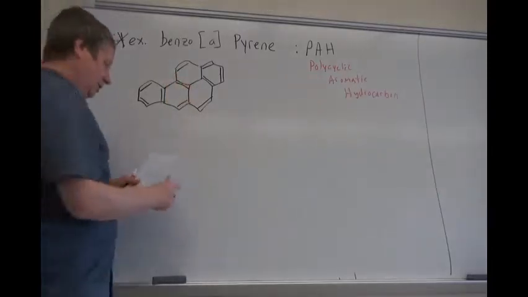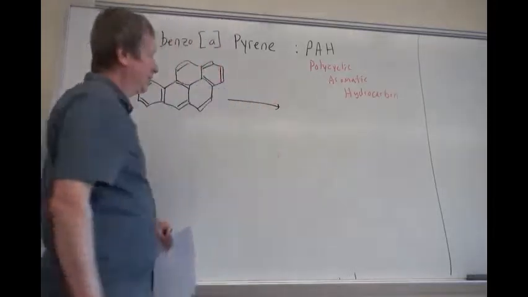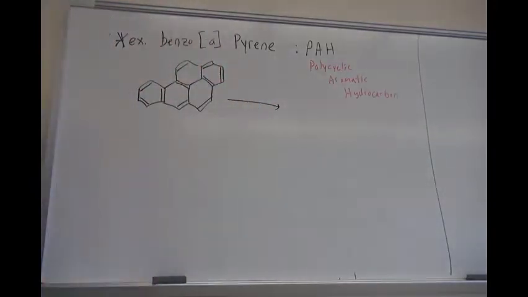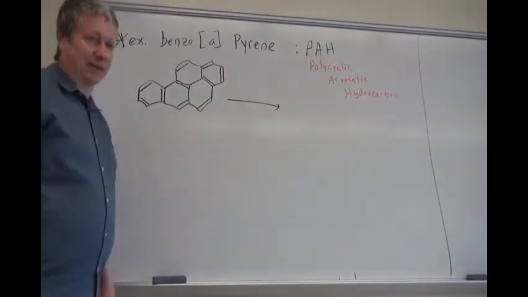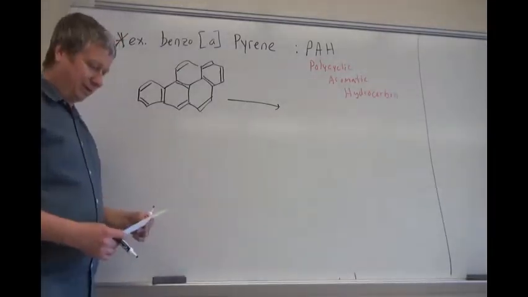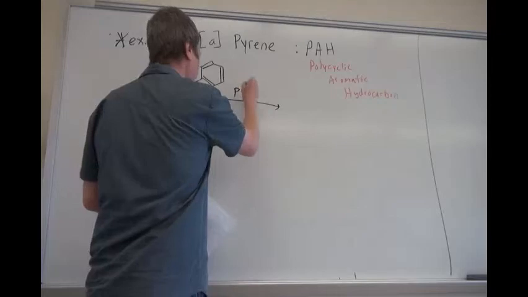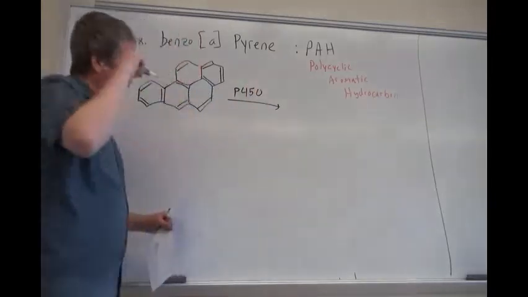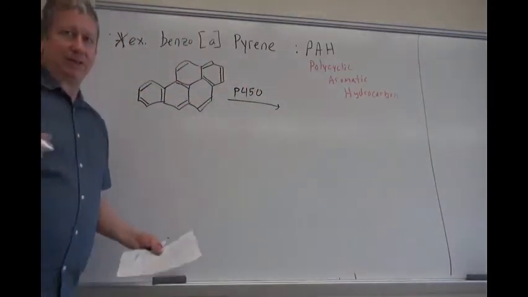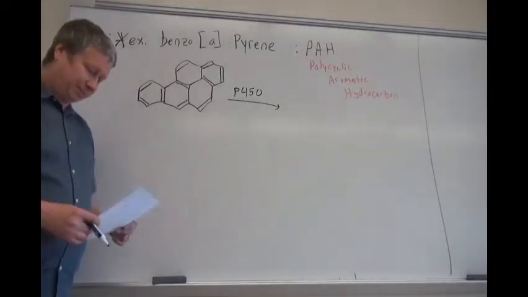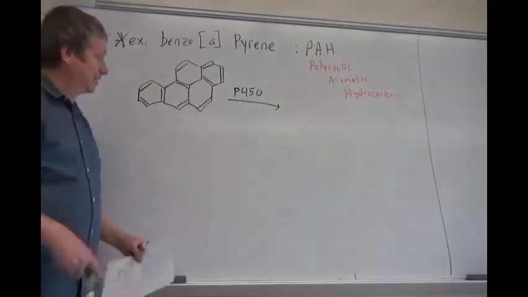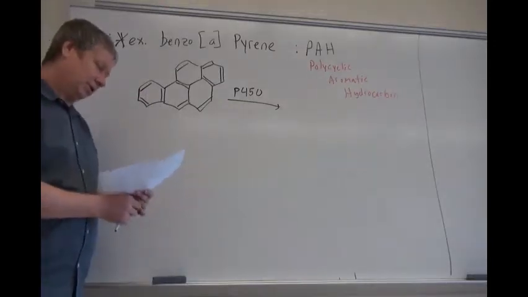All right. Okay, so we talked about metabolic activation briefly, and some molecules are oxidized by enzymes like P450, right? So P450 is one of these enzymes. It's a liver metabolic enzyme, and it oxidizes things, and it definitely oxidizes this molecule.